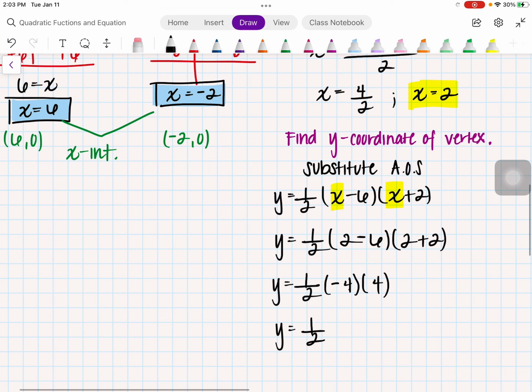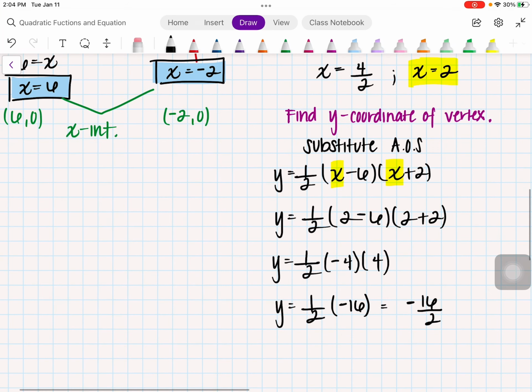All right, so then I'll go ahead and multiply the parentheses. -4 times 4 is -16. And -16 times 1/2 gives us -16 over 2, which in this case gives us y equal to -8.